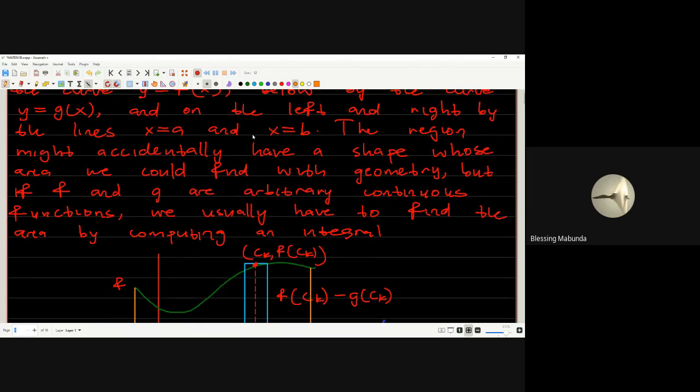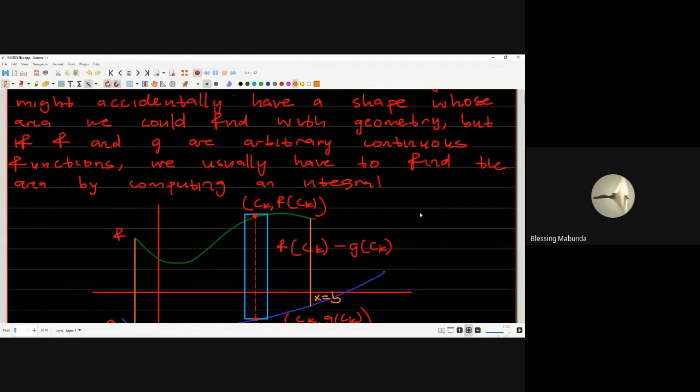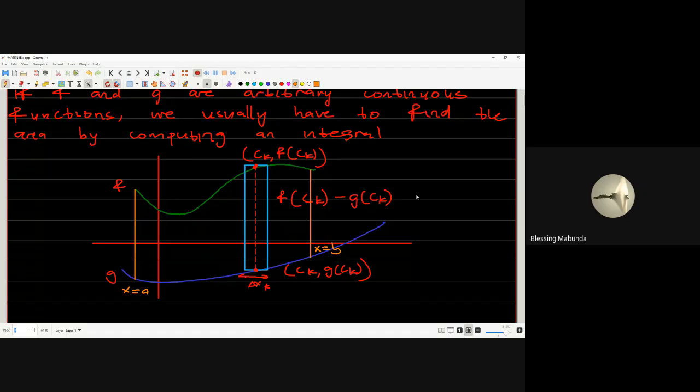The region might accidentally have a shape whose area we will find with geometry, right? Such as us looking at the area of a rectangle. But if f and g are arbitrary continuous functions, we usually have to find the area by computing an integral. So let's consider the rectangle that we're given here.